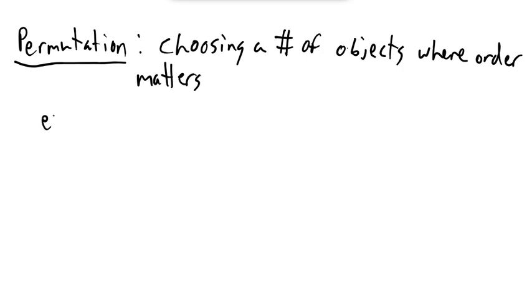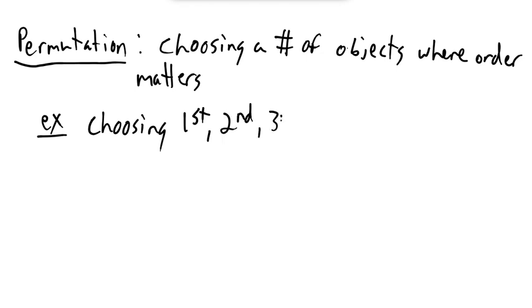Well, an example of this, like we said, would be, let's say you're choosing the first, second, and third place person from 5 different people. So there's 5 people running a race, and you're trying to figure out who could take the first, second, and third place. Maybe the boss said, we're going to just make a first place trophy for everybody, a second place trophy for everybody, and a third place. And you're trying to figure out how inefficient that is.